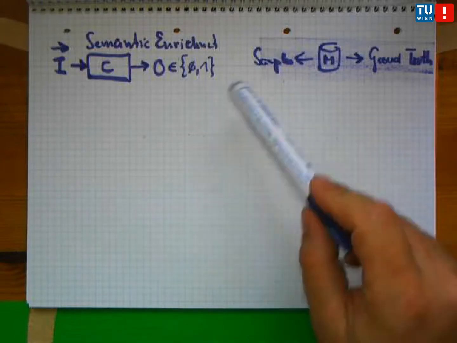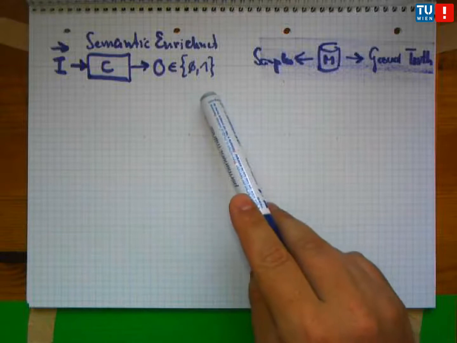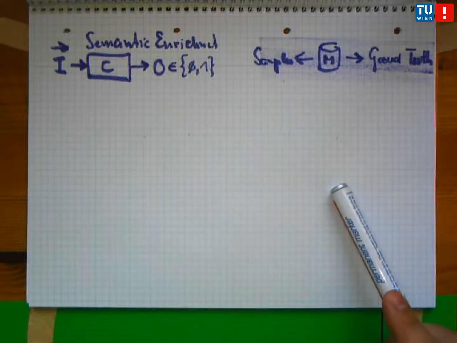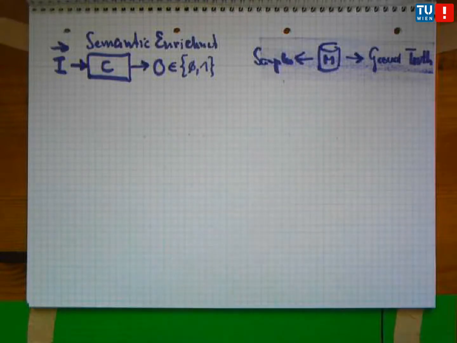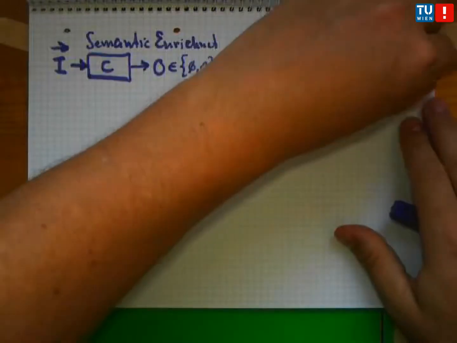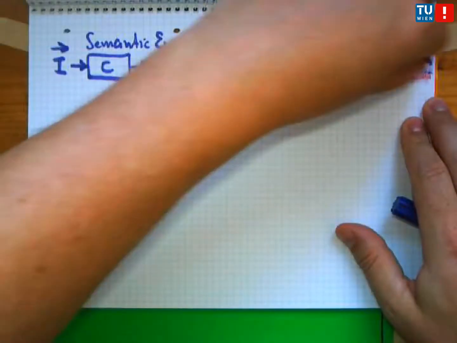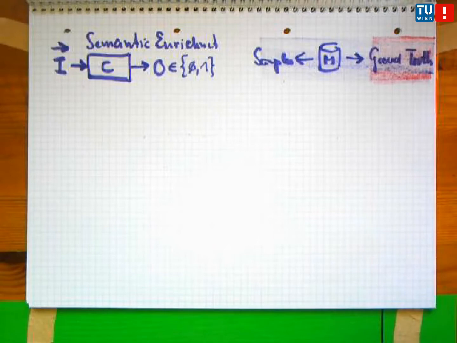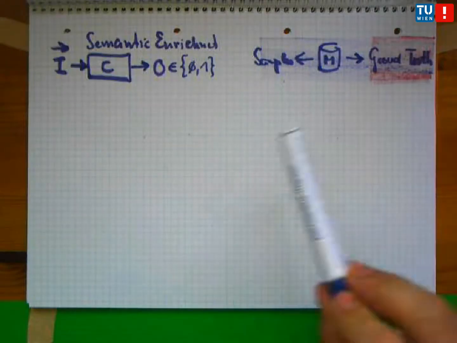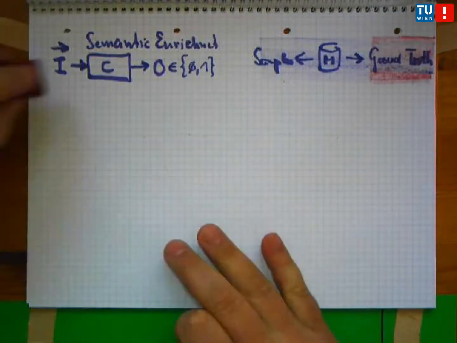For the evaluation of classifiers, unsupervised or supervised, we always need the ground truth, because the ground truth is the fundamental measurement stick for the quality of the classifier.